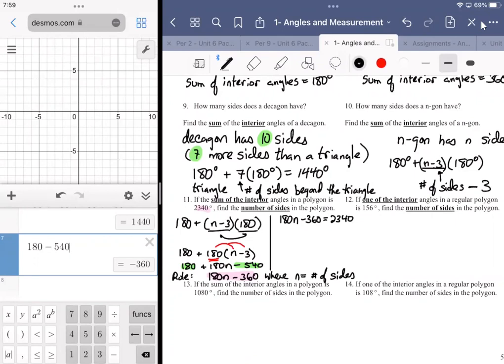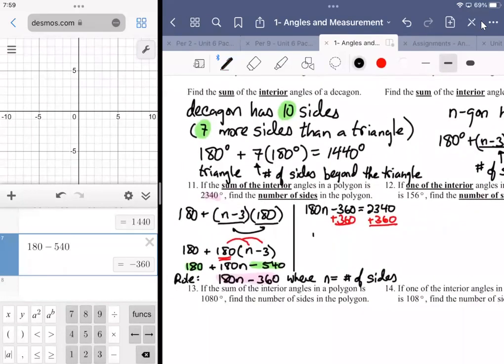I'm going to show you the algebraic approach, and then I'll show you something on Desmos. But if you're doing it algebraically, you would add the 360 to both sides. And that gets you 180 n is equal to 2700.